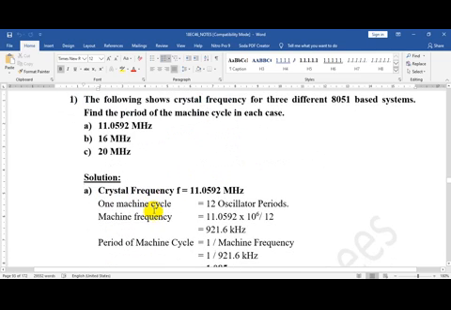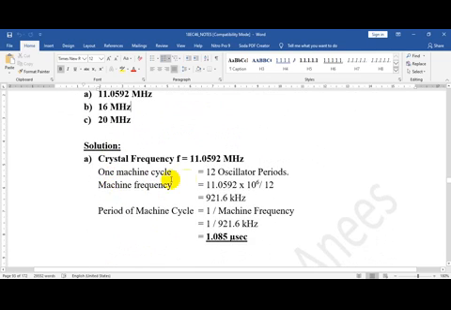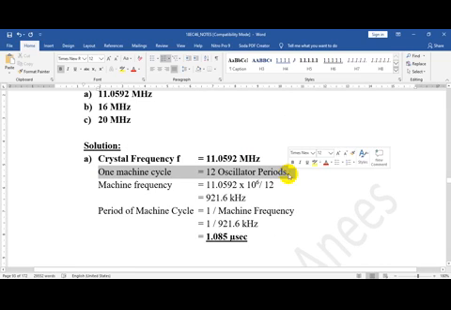So what is the solution? The crystal frequency given is f equal to 11.0592 megahertz. One machine cycle, as we have already seen, has 12 clock periods. Therefore the crystal frequency is divided by 12.